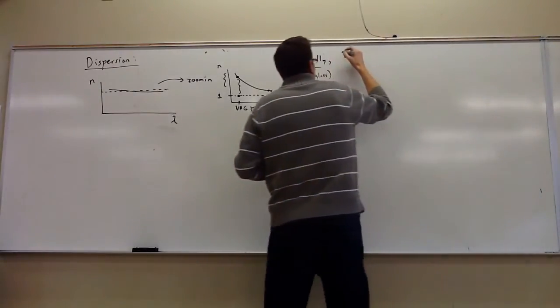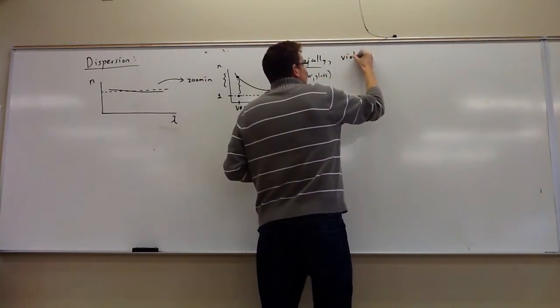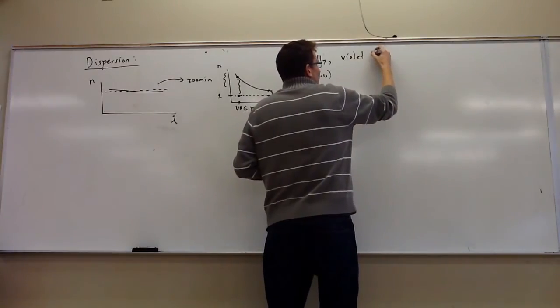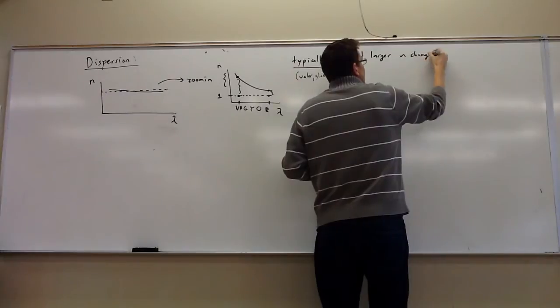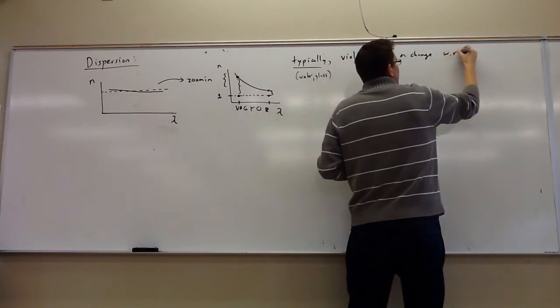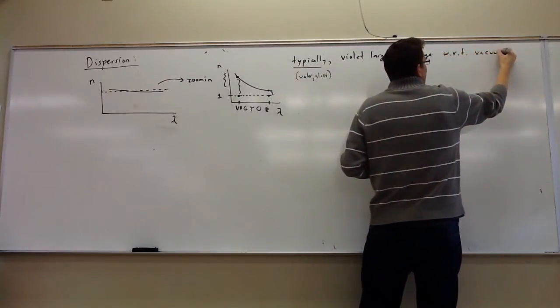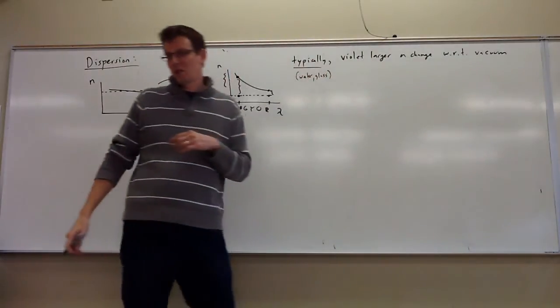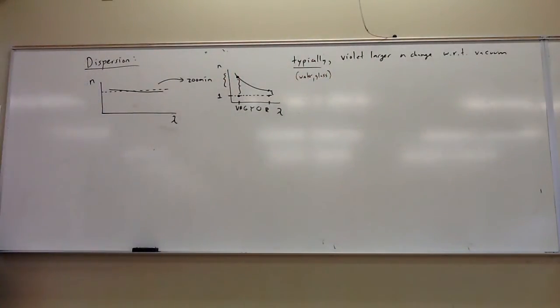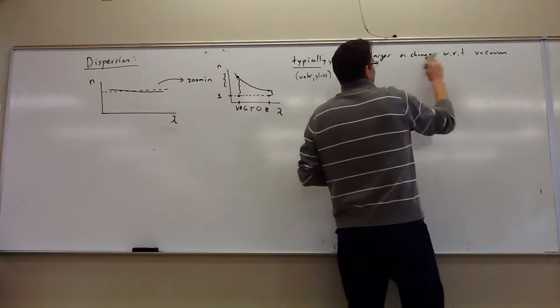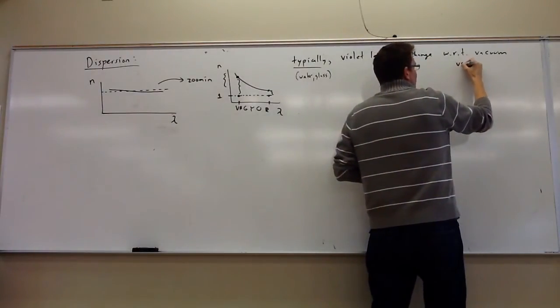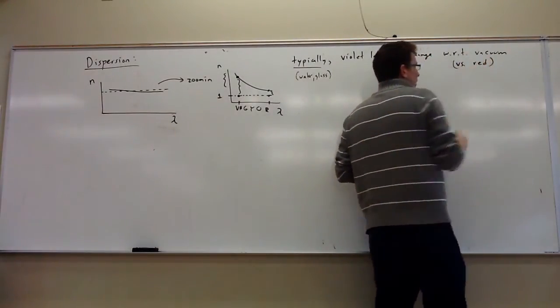Typically, the violet light has a larger n change with respect to a vacuum, or as we talked about, vacuum and air have basically the same n value. So I should say larger n change with respect to vacuum versus the other end of the spectrum, which is red. Okay.